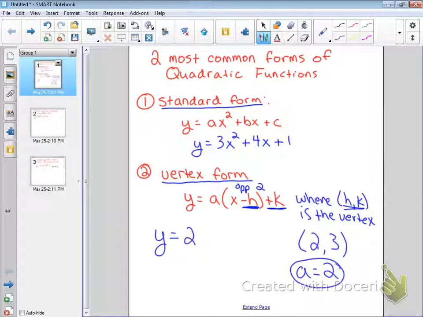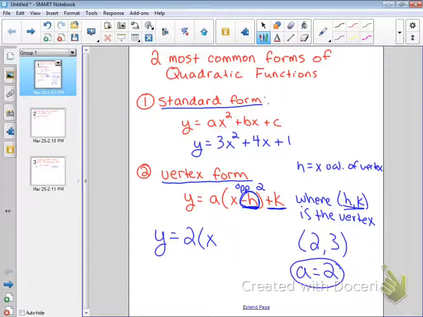So 2. In the parentheses, the x stays in with the function. Then we have this negative h. We'll read that as the opposite of h. We know that h is the x value of the vertex. So you may put a note here, h, x value of the vertex.